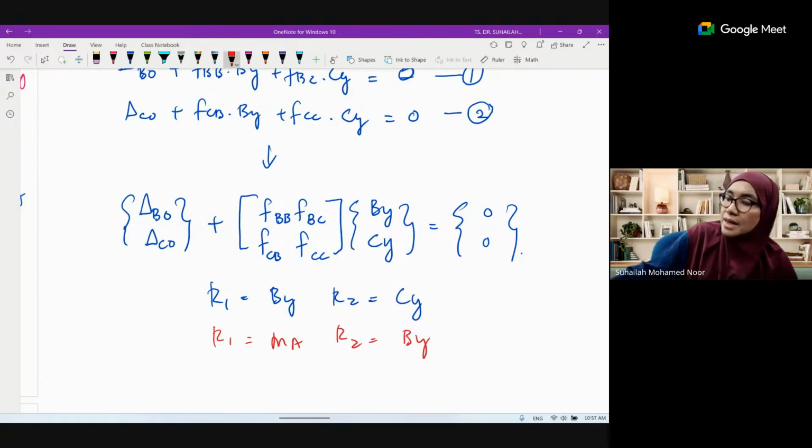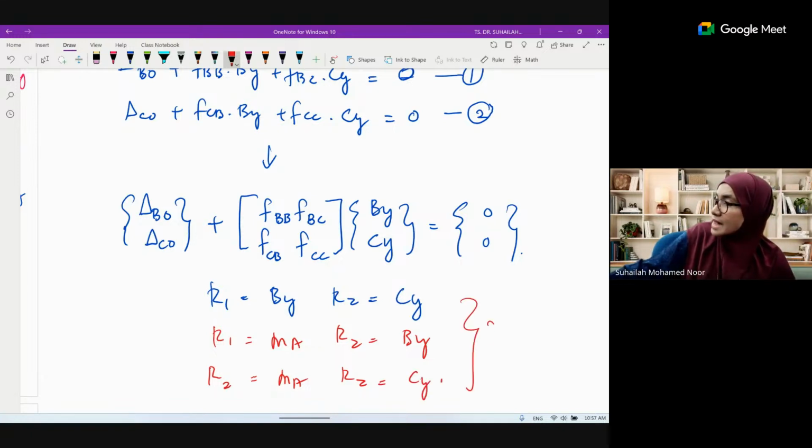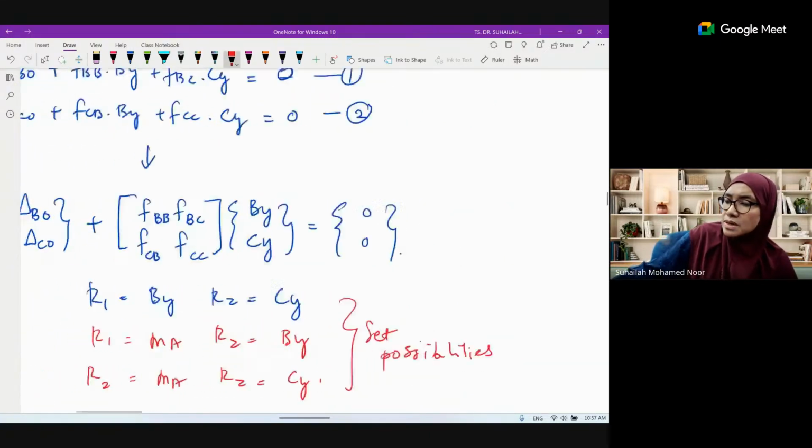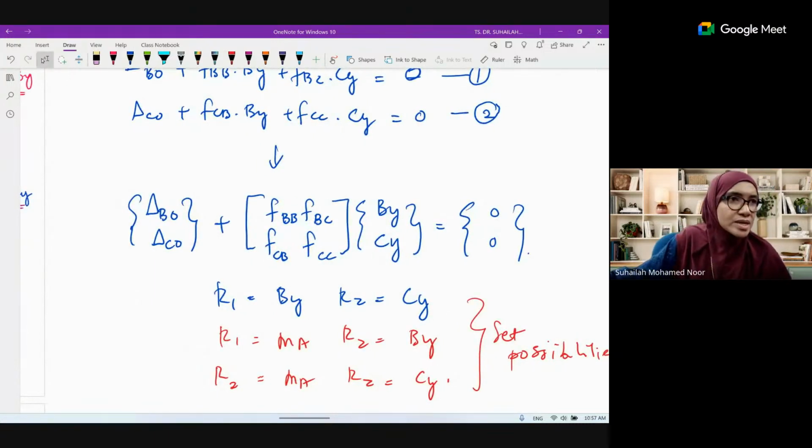And we also have option number 3, where M_A with C_Y. So we have 3 possibilities. And for this question, when there is a different question, the labeling will change places. Maybe there are A, B, C, D, maybe A, B, C, D, E.